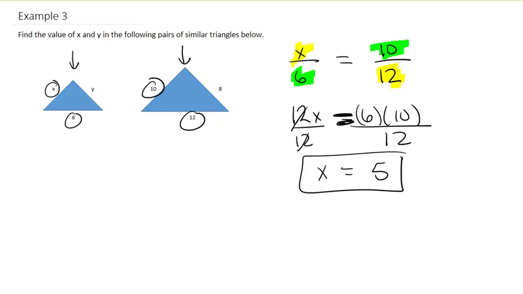Now let's solve for y. So what we're going to do is put y over 6, because we need to have one known value on the unknown triangle for y. And then we're going to go 8 over 12. So we have y over 6, which is equal to 8 over 12. Next, we need to go ahead and cross multiply.